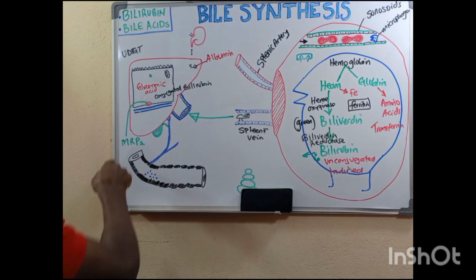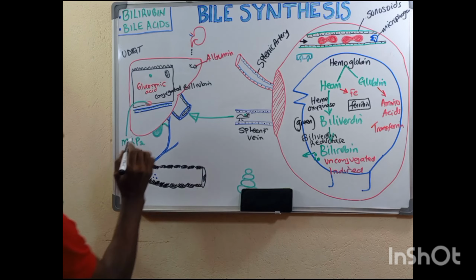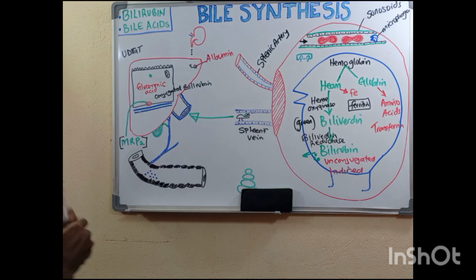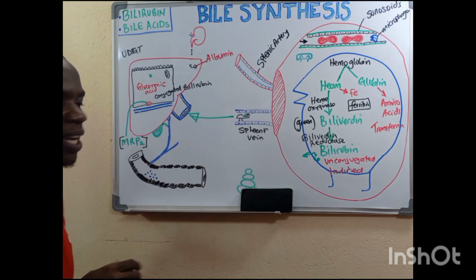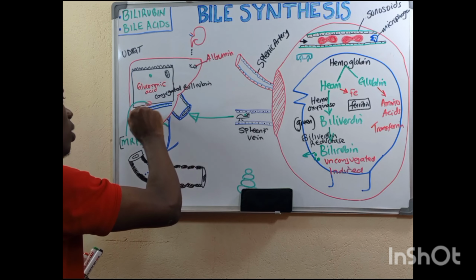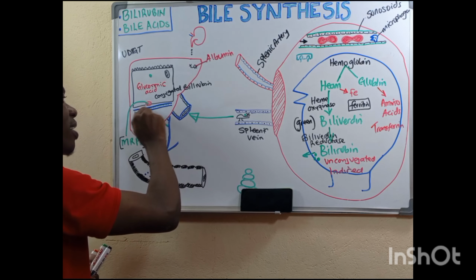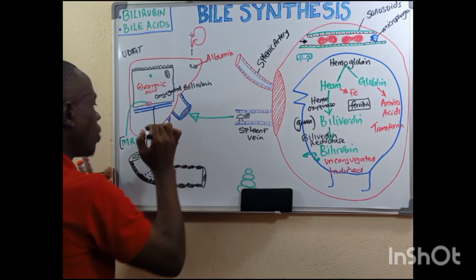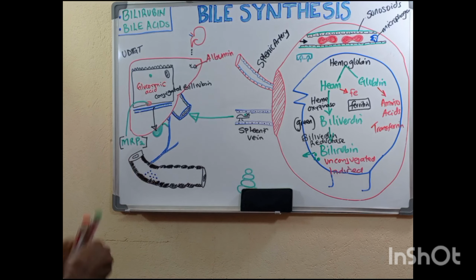Okay, so now this is the classic transporter that allows conjugated bilirubin to leave the liver on the apical side. So now our conjugated bilirubin is going to flow into the bile canaliculus, and then it will move and get stored in the gallbladder.